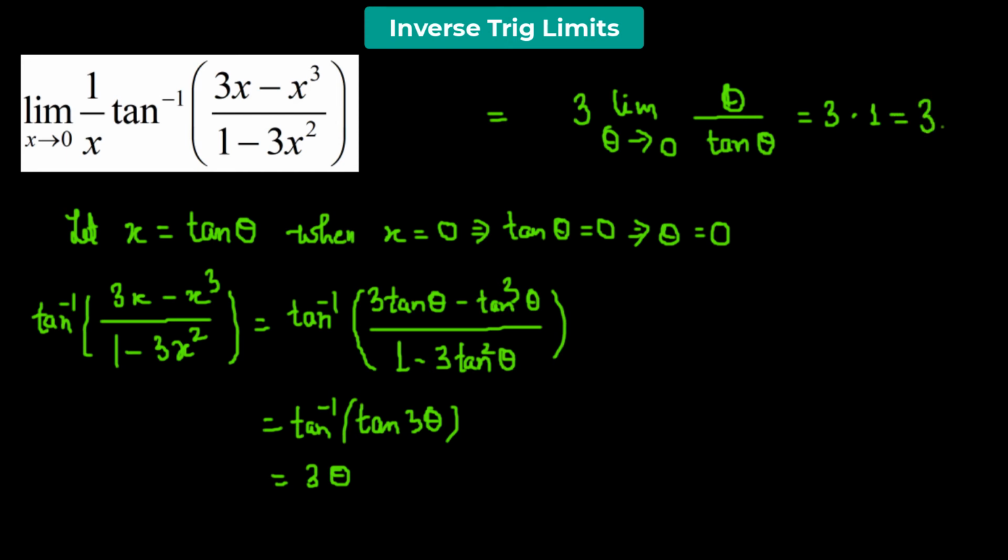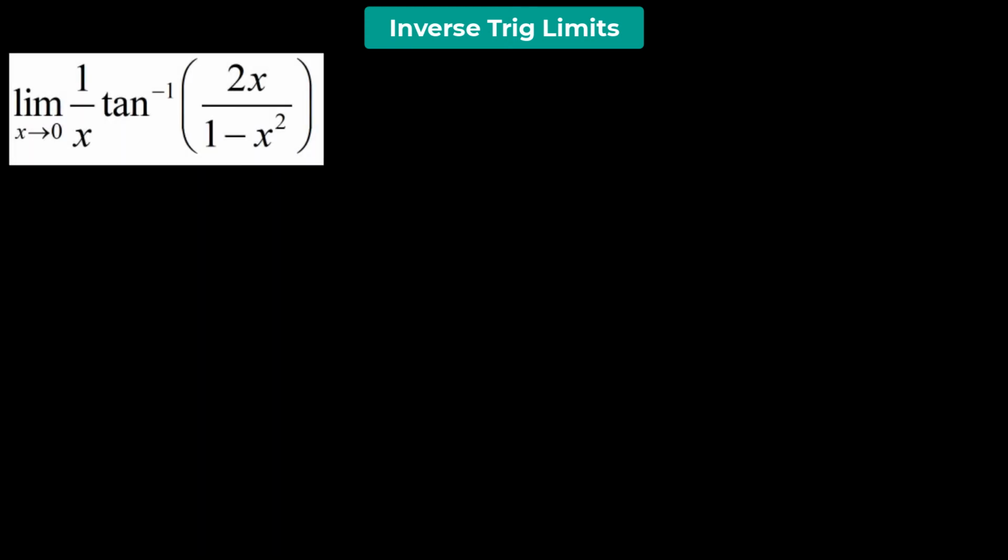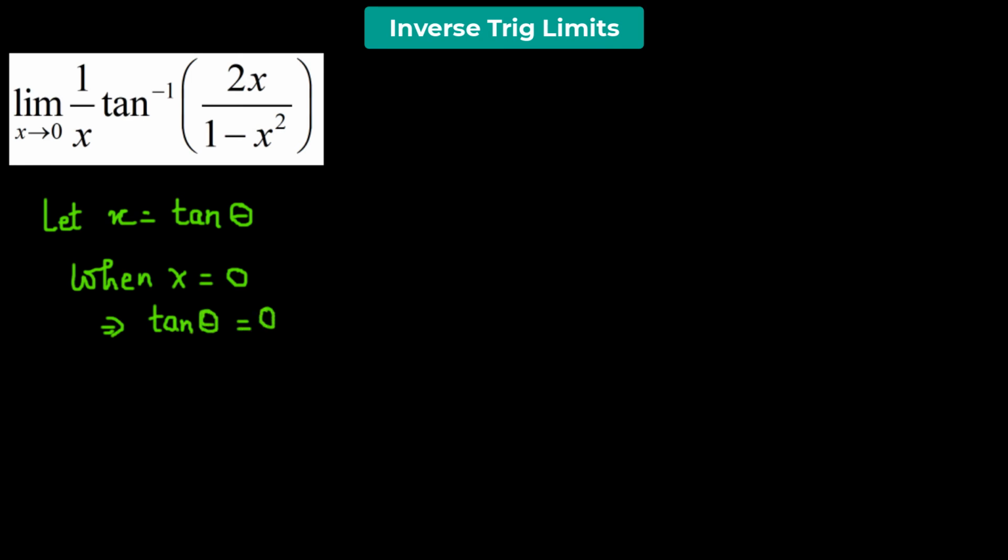Let us do another problem. So we have to determine the limiting value of the given function when x approaches 0. So let us begin by assuming that x is equal to tangent of theta. So when x equals 0, this would mean that tangent of theta is equal to 0, which implies that our theta value is approaching 0.